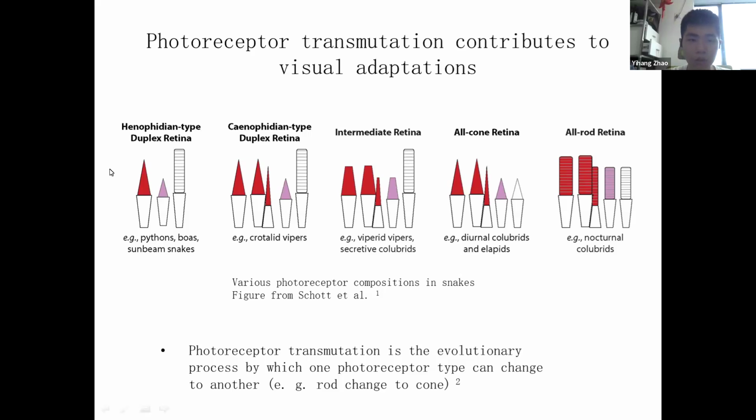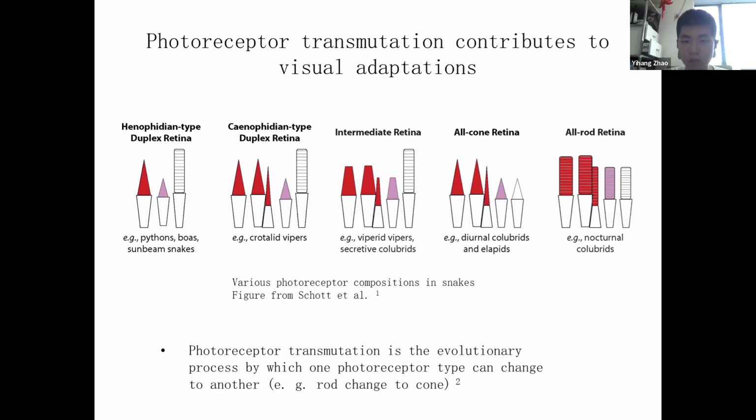But when you take a closer look, you can notice that they actually lack a few cone photoreceptor types. So it is actually a reflection of a partially degenerated photoreceptor composition inherited from their fossorial ancestors. But for the more advanced Caenophidian snakes, they have a wide variety of different retina compositions, including the Caenophidian type duplex retina, which has more cone photoreceptor types, and also the intermediate retina, which is the most interesting one.